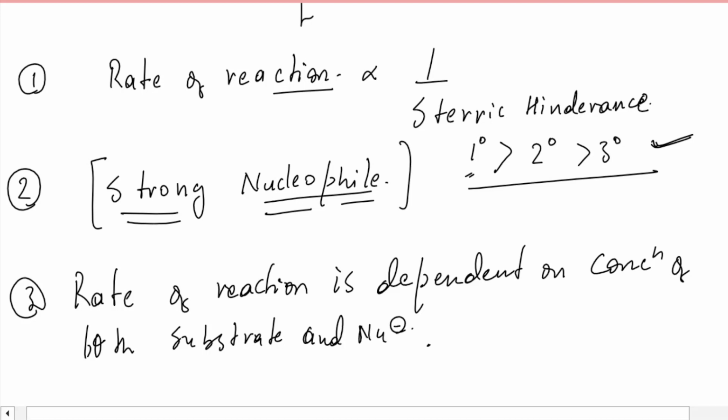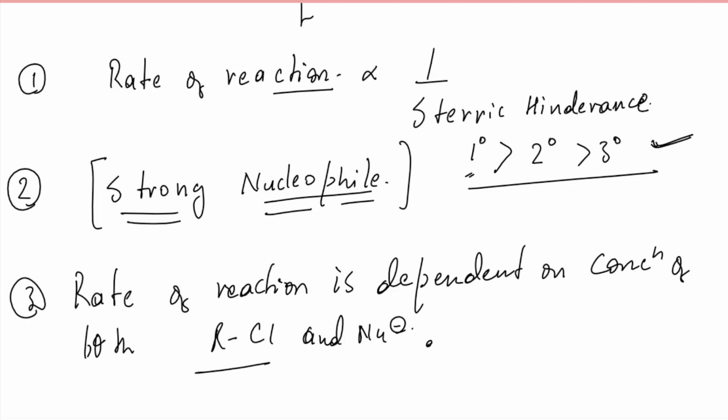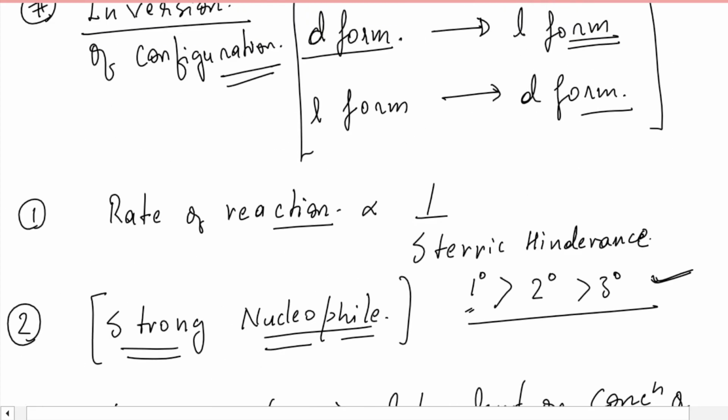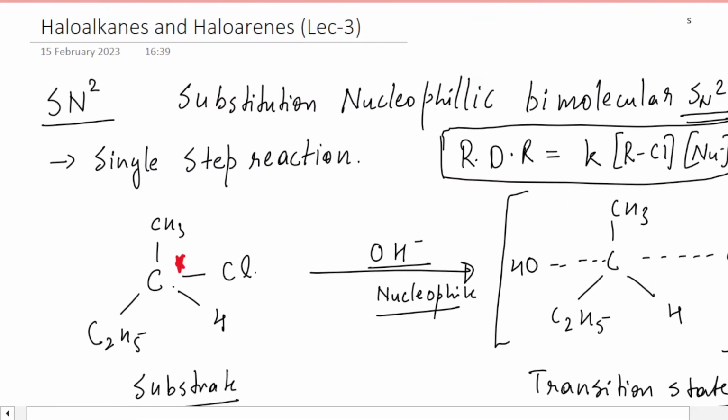What we can write here is RCl and Nu, or you can write substrate and nucleophile. So the rate of reaction is dependent on the concentration of both RCl and nucleophile, haloalkane and nucleophile. Both will be participating in deciding the rate of the reaction.